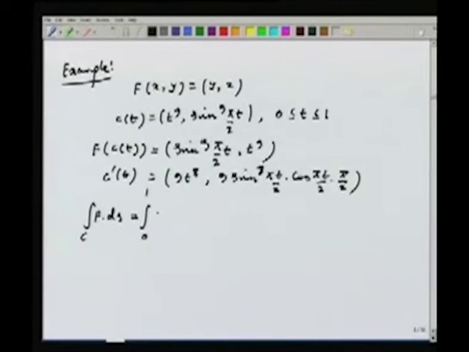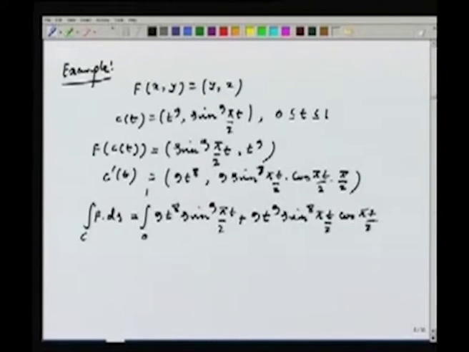If I calculate this, what I get is the integral of 9 t^8 sin(9 pi t / 2) plus 9 t^9 sin^8(pi t / 2) cos(pi t / 2) times pi/2, this whole thing dt, which you can see is quite a complicated integral. It might be very difficult to calculate this integral explicitly.